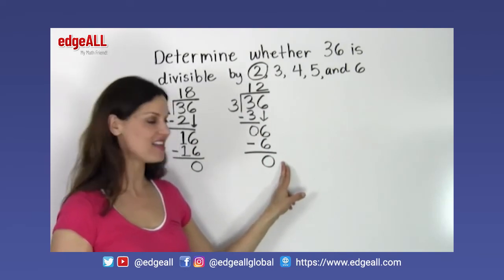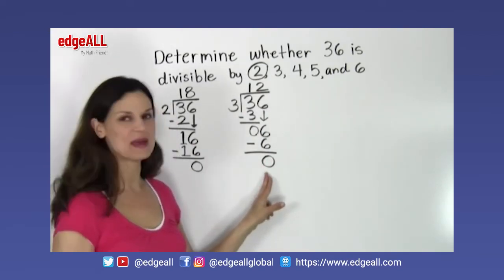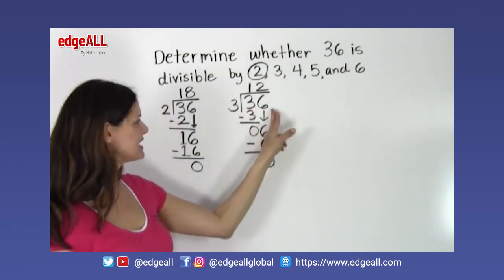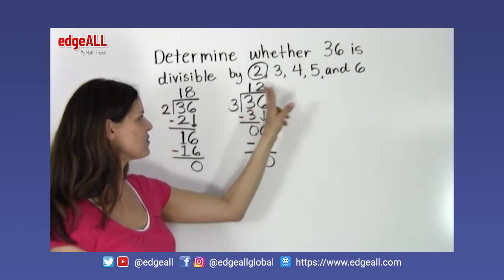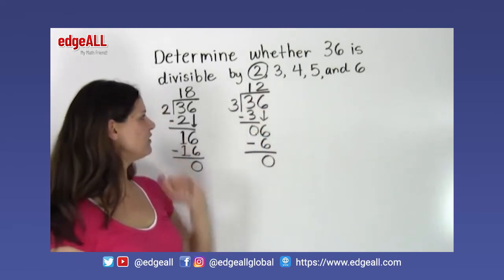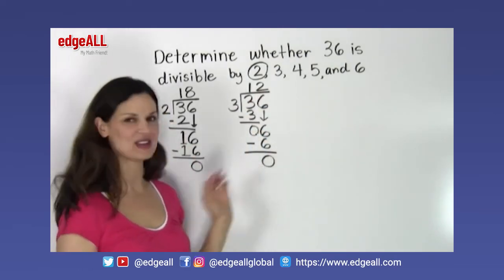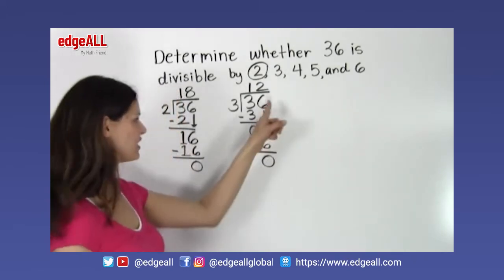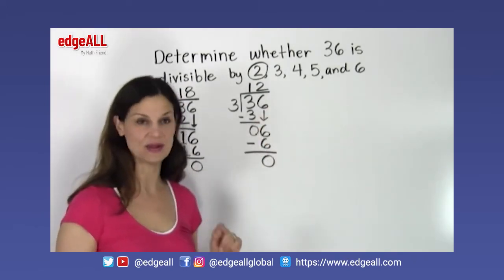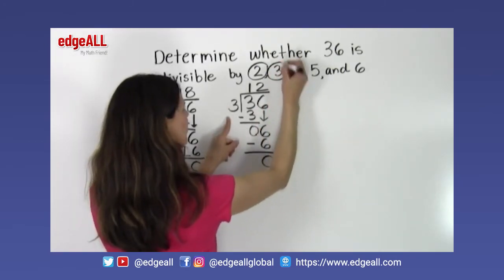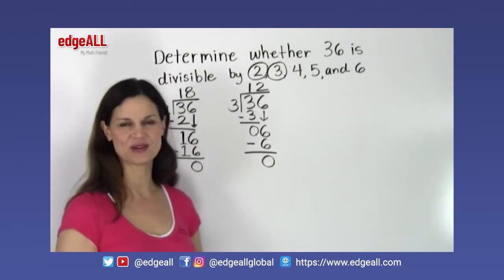Again, I can see that my remainder equals 0. So 36 divided by 3 equals 12, remainder 0. Since 12 is a whole number and the remainder is 0, yes, 36 is divisible by 3. The quotient is a whole number with no remainder.